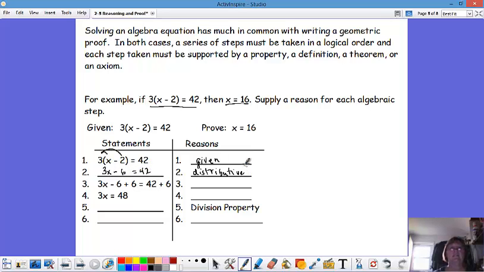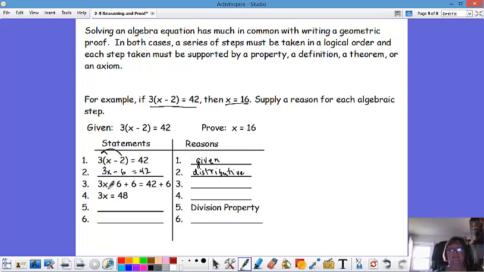I want you to take notice. This reason says why this exists, right? Or you can think, this tells me the next thing I have to do in the equation. So as you look at this one, I hope you're thinking, the next thing I have to do if I'm solving for x, I probably want to add 6 to both sides because I need to get x by itself.